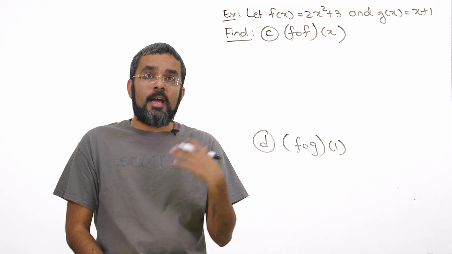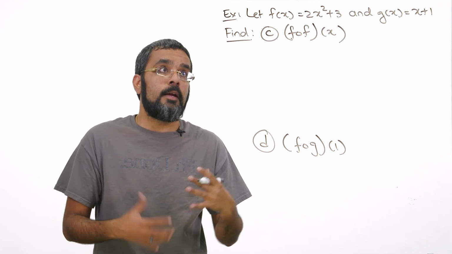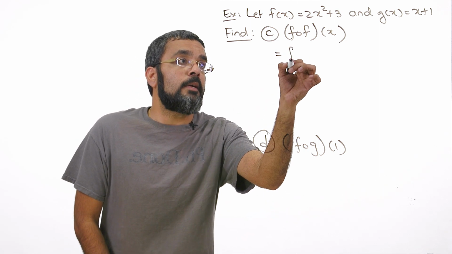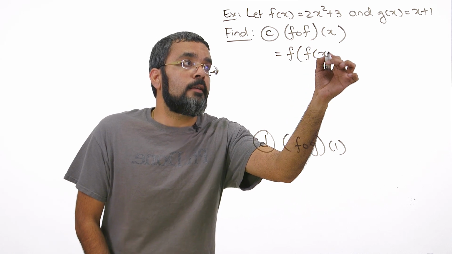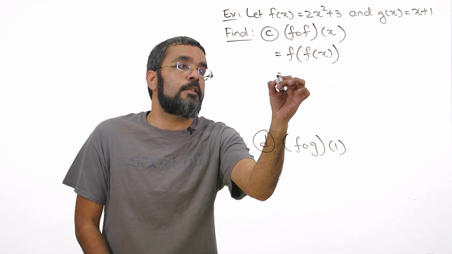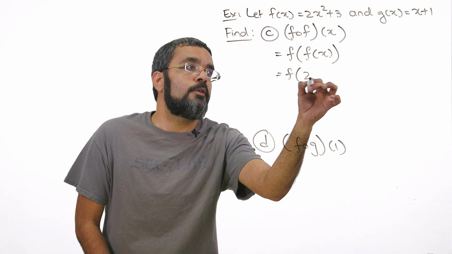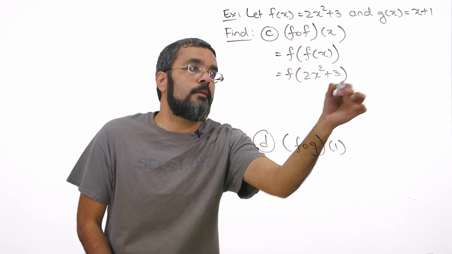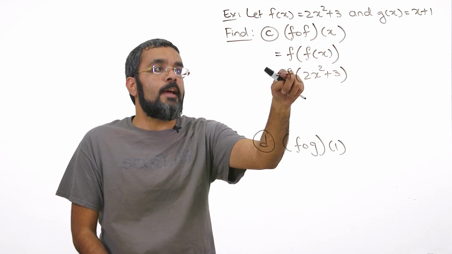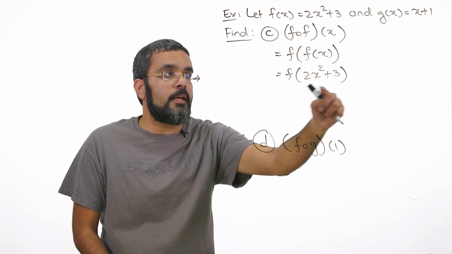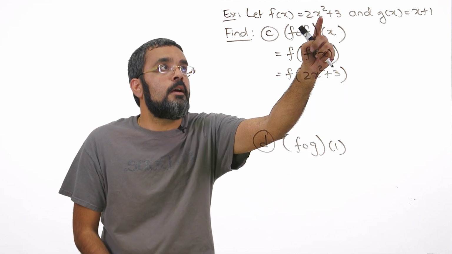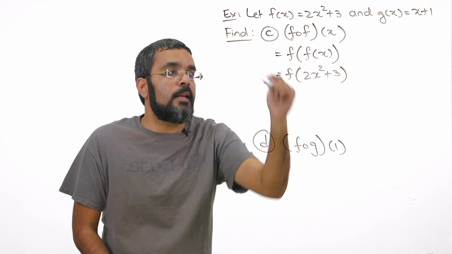So now I want to compose f with itself. So this by definition is going to be f of f of x. And so this is going to be f of 2x squared plus 3. And what does f do? Well, f takes the expression in here, squares it, multiplies it by 2, and then adds a 3.